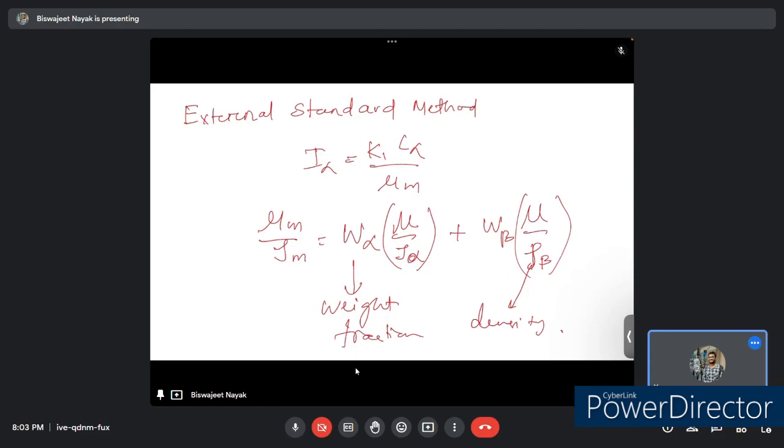So its weight is rho m, and the weight of alpha contained is W alpha rho m. Therefore, the volume of alpha is W alpha rho m by rho alpha.